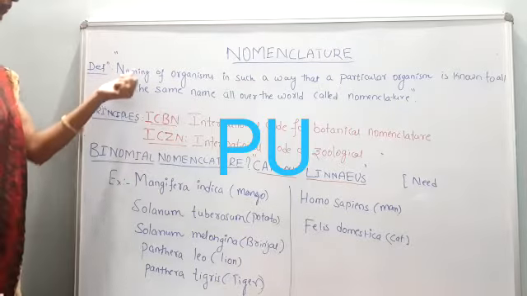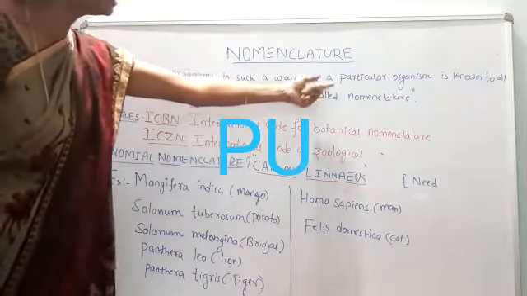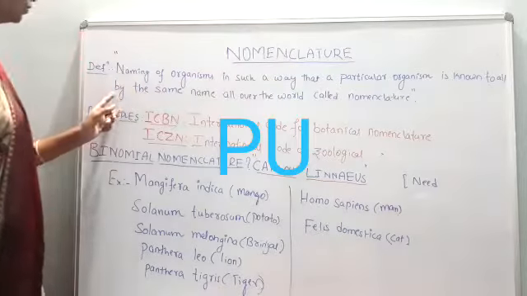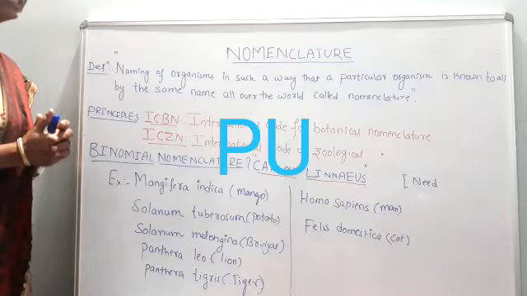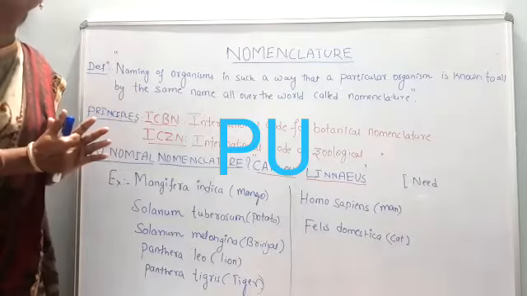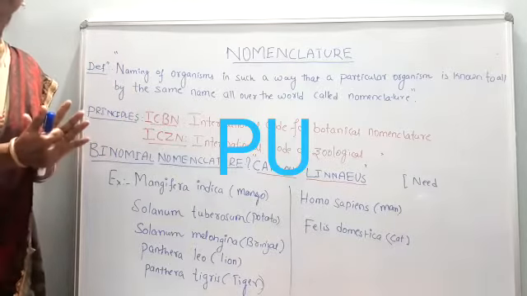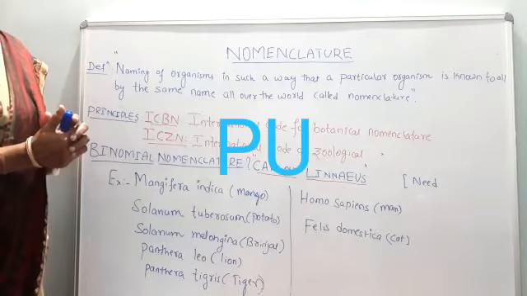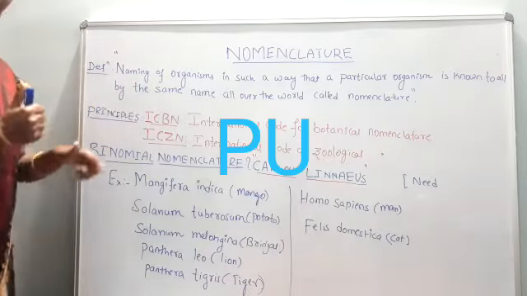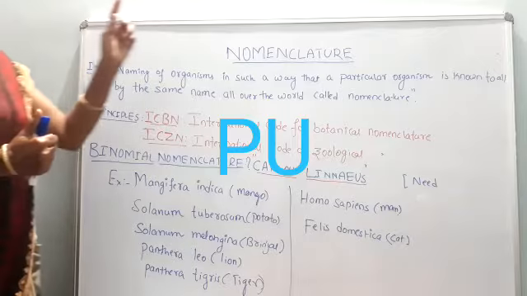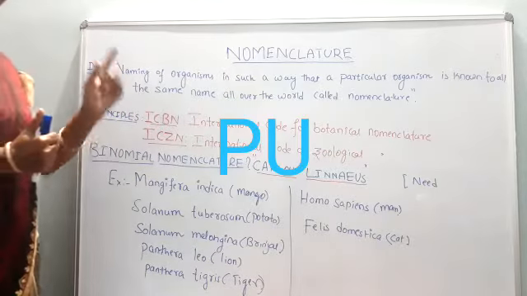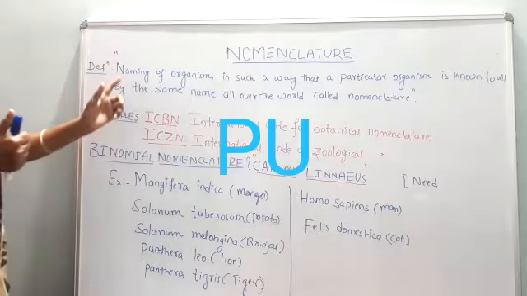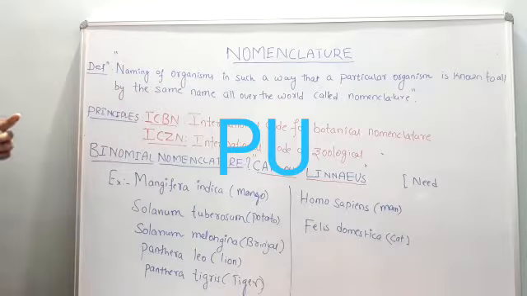Naming of an organism in such a way that a particular organism is known by the same name all over the world is called nomenclature. Simply, naming of an organism by a scientific method.